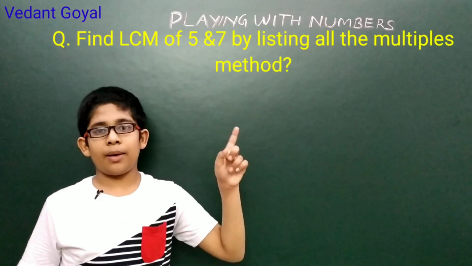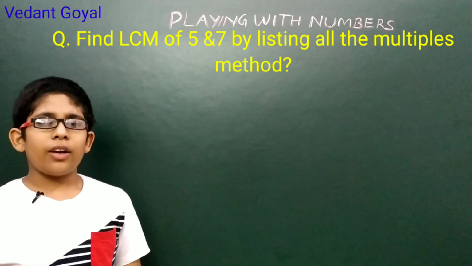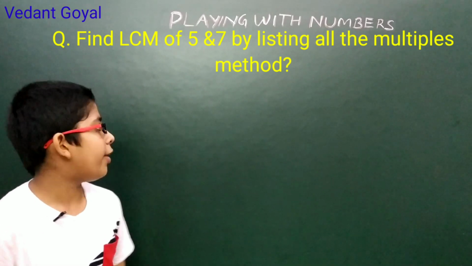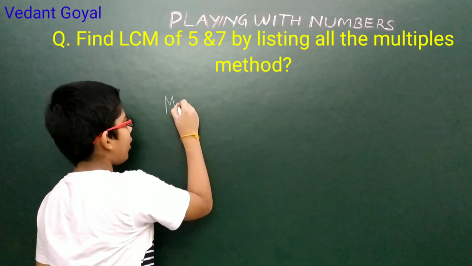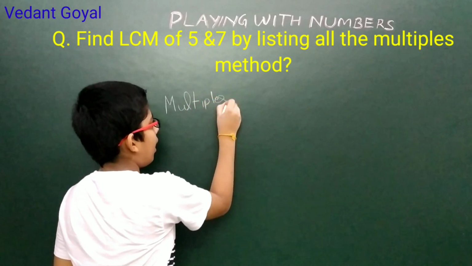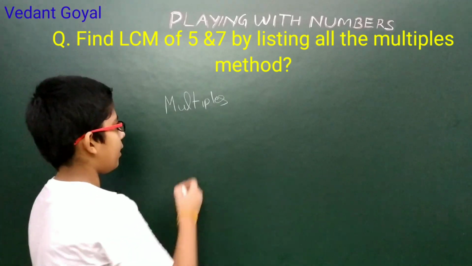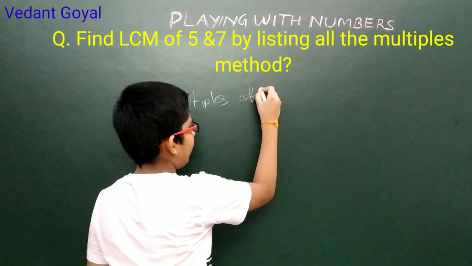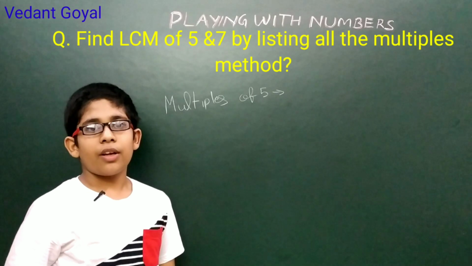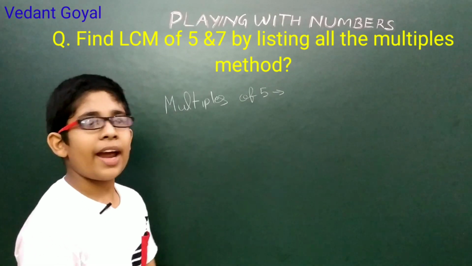Find the LCM of 5 and 7 using the listing multiples method. What we have to do? First we have to find the multiples of 5. What are multiples? Multiples are the numbers which come in the table of that number till infinity. So the multiples of 5 will be: the first multiple is 5 into 1, then twice 5, then thrice 5, then 4 into 5, and so on.